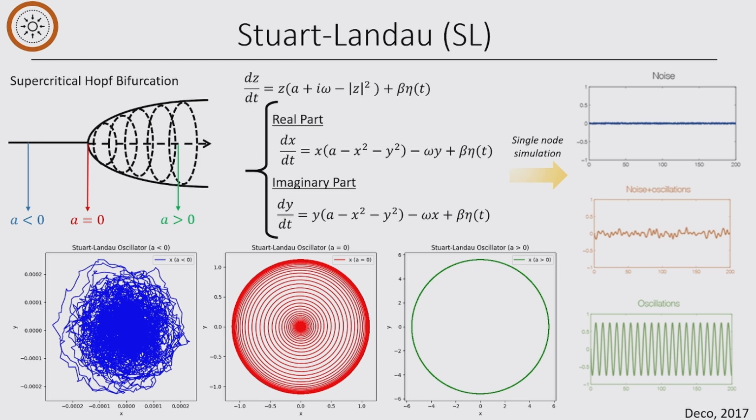It's very similar to some other models you'll encounter, such as the FitzHugh-Nagumo equations, which for TVB people is the generic 2D oscillator. It's kind of similar. And one of the reasons it's useful is that it's also essentially the normal form of a supercritical Hopf bifurcation.